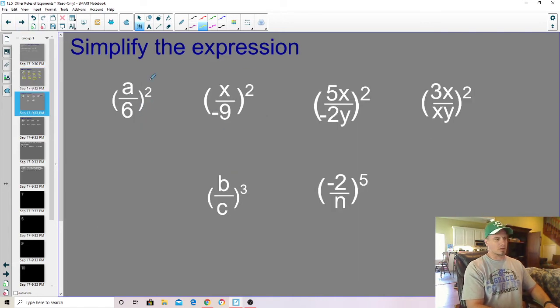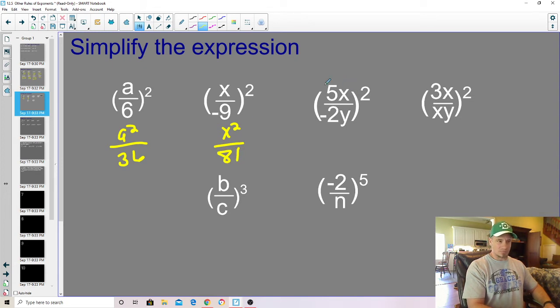Here we have division problems, but still it's pretty much the same thing. So we're going to take the 2 and distribute it. So I have a squared over 6 squared, which is going to be 36. I'm just going to go ahead and do it. Okay, just both of these are squared, and that gets rid of the parentheses. Here we have x squared on top, and when you square negative 9, you get a positive 81, so it's 81.